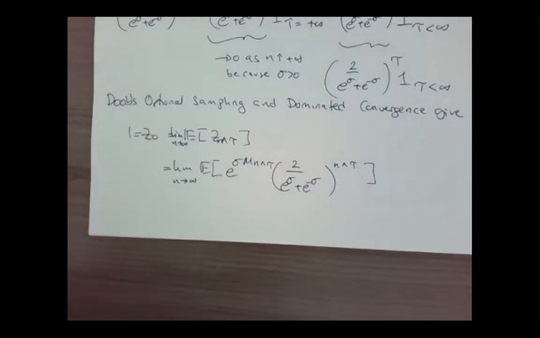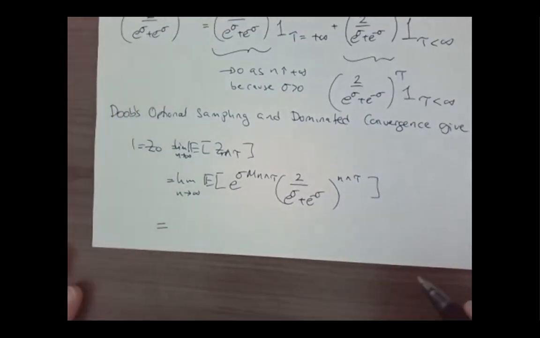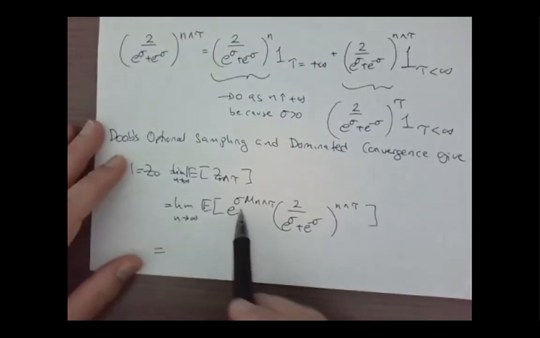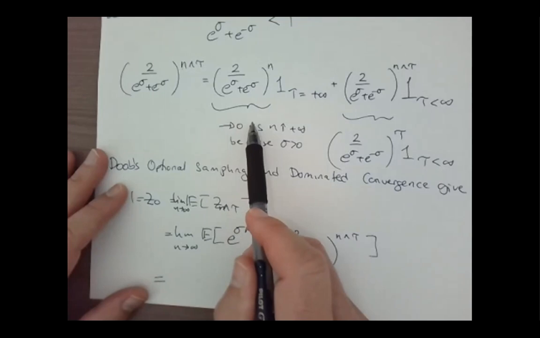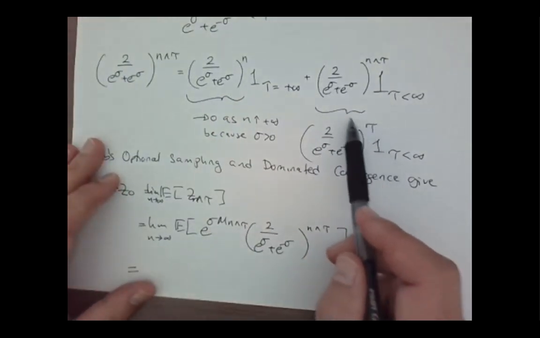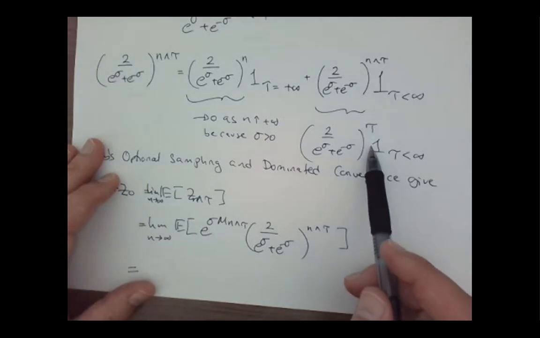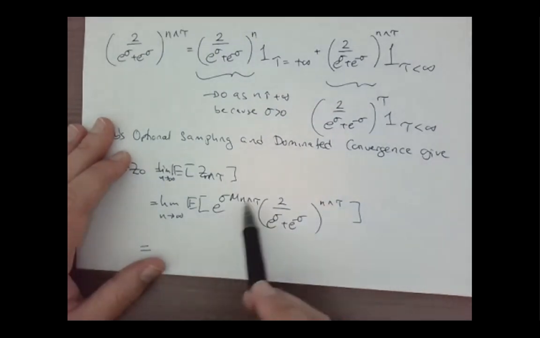And I'm allowed to pull the limit inside now. Right, so I'm going to have two terms. I'm going to have something that goes to 0, and I'm going to have something that goes to this quantity. And I'm going to have a product of 2 things. I studied this part here. Now what about this part here?